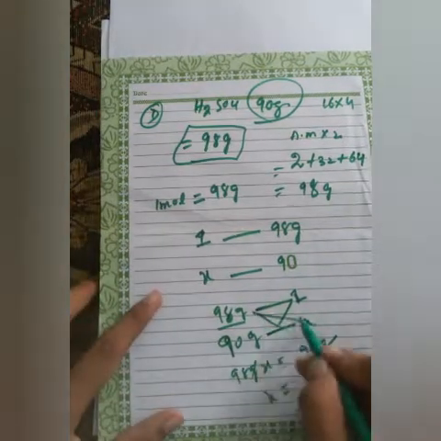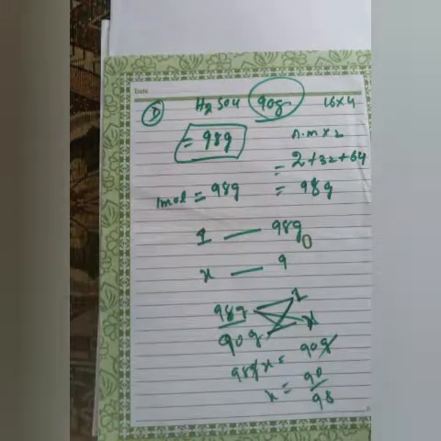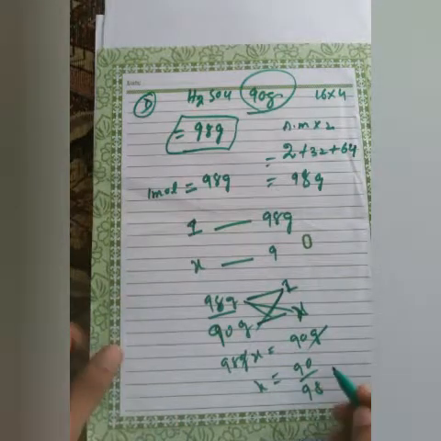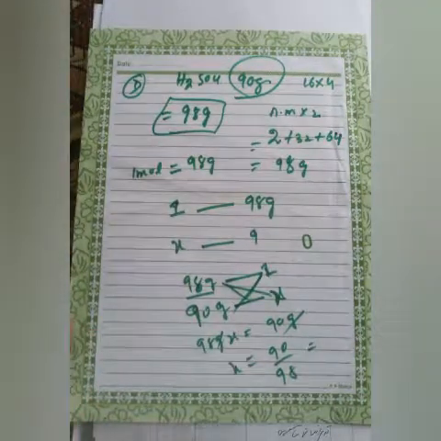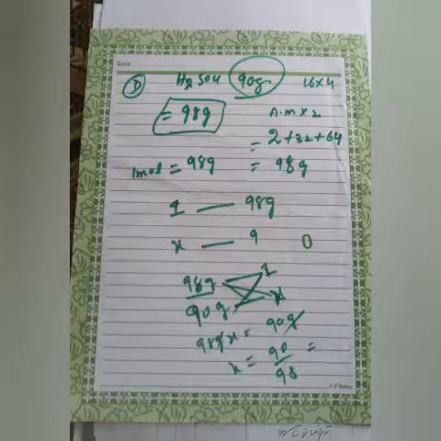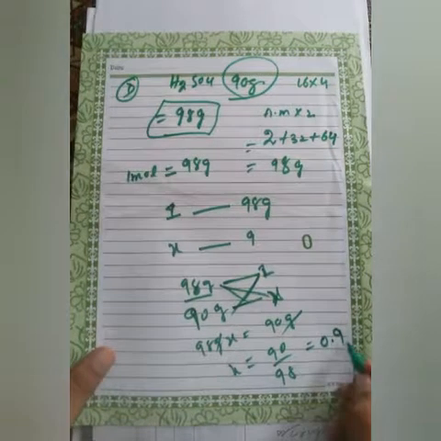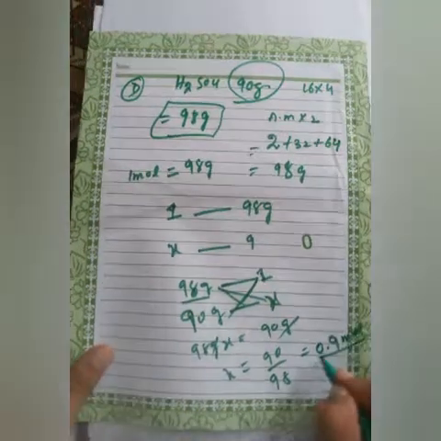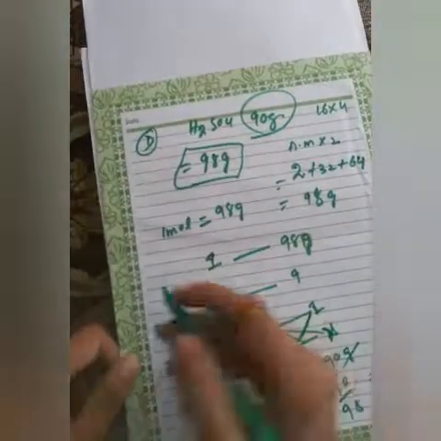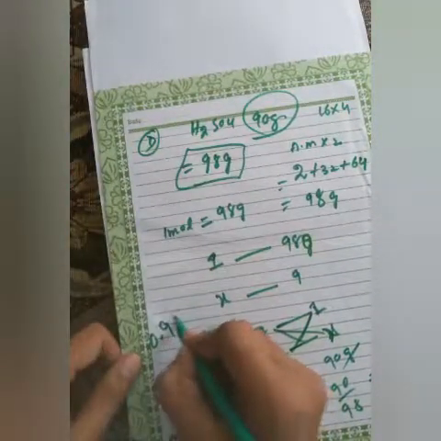We will use the trick of cross multiplication. X is unknown, so we get this expression, and if we divide 90 by 98, we get 0.9 mole. That is the required answer of option D. Option D has 0.9 mole.